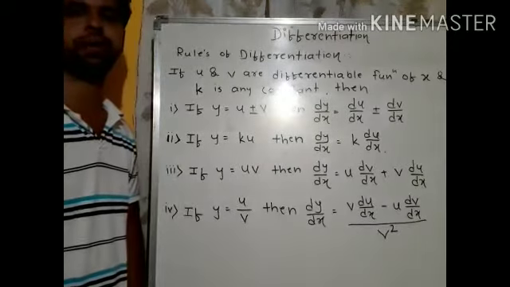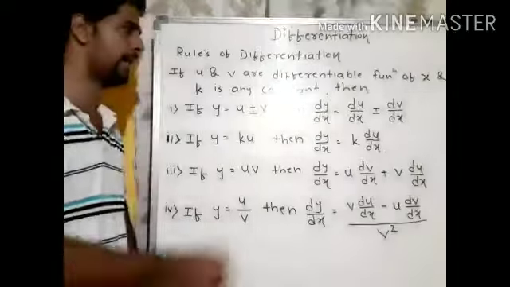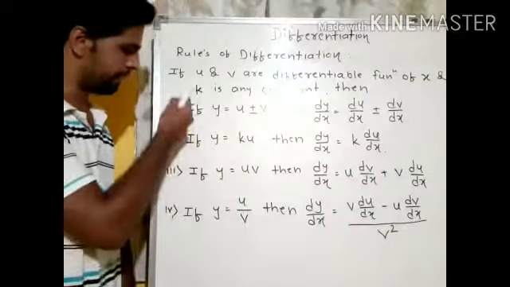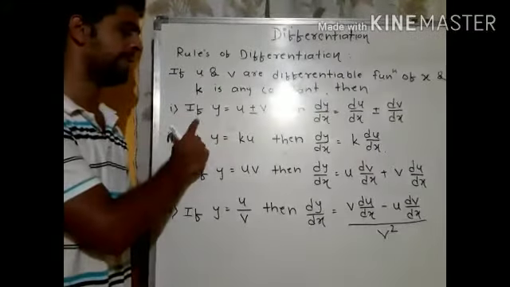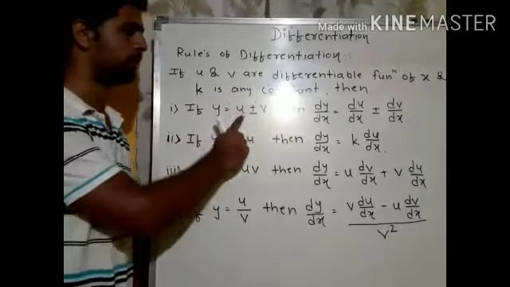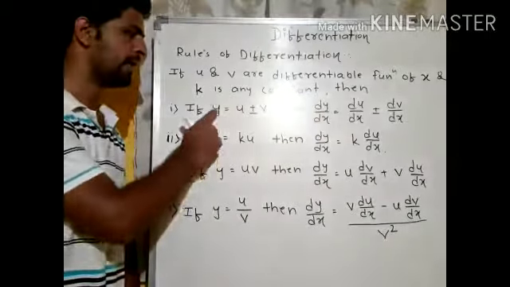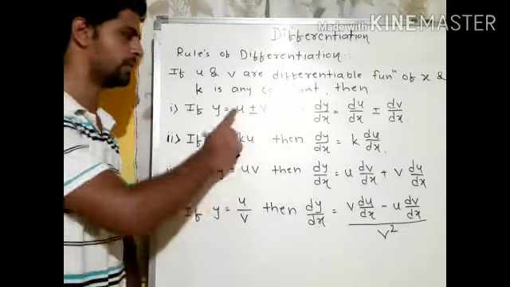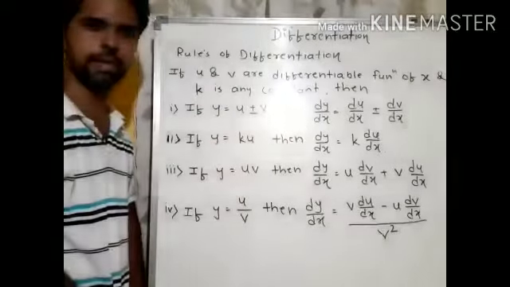If u and v are the differentiable functions of x and k is any constant, then we have these 4 rules. Okay? So first is if y equal to u plus minus v, it means y is a function of 2 different types of function, that is u and v, but the sign between them is plus or minus.